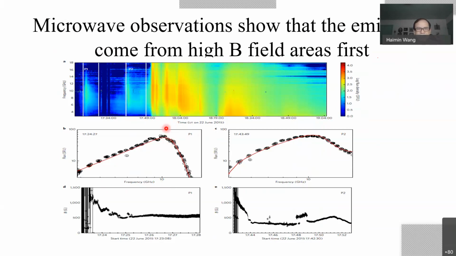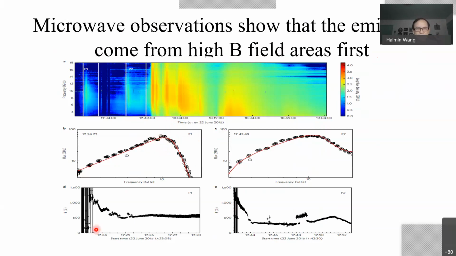Just from basic physics, we can see this so-called turnover frequency in the microwave decides the magnetic field strength. When this one is shifted to high frequency, you have higher B field, and to the left, the lower B field.